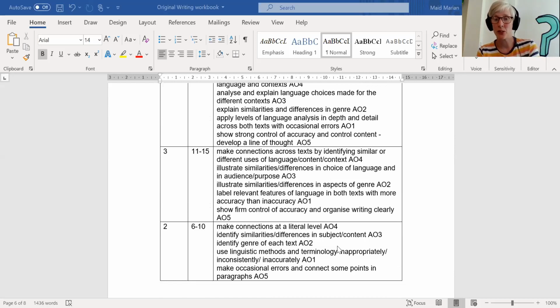Illustrate the similarities and differences in the choices, which means quote them or give examples. Same goes for genre. Label relevant features of language. And if you look at level 4, apply levels of language analysis in depth and detail, and your own writing being fairly clear. Okay, good. So that's that.